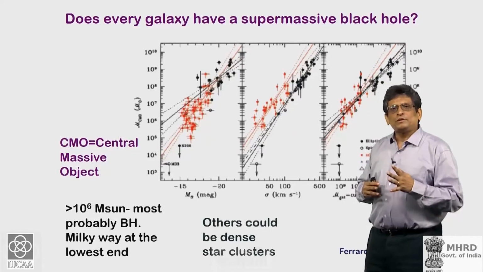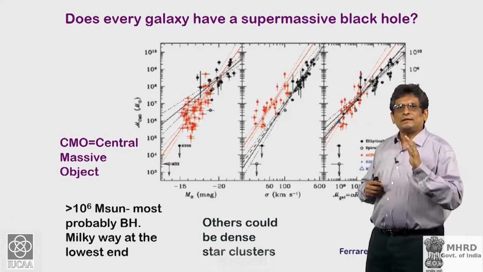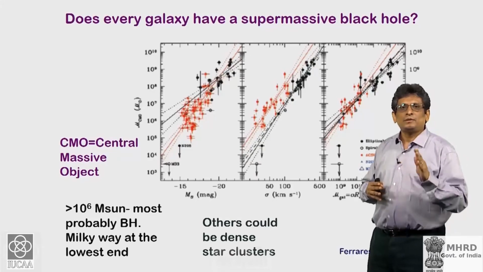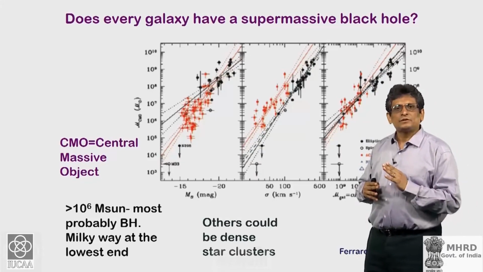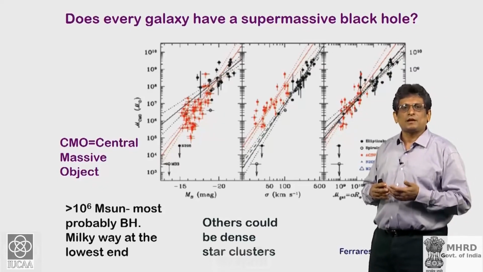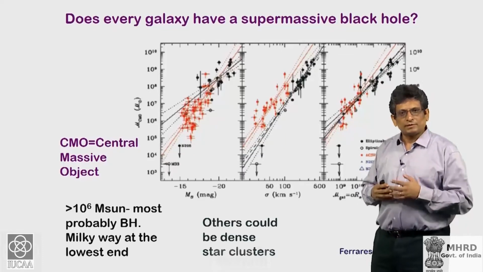It is true that one can actually show that the central objects are black holes in only the more massive galaxies. So for example, if the mass turns out to be something like 10 to the power 6 times the mass of the Sun or higher, one can establish that it's probably a black hole, a supermassive black hole.